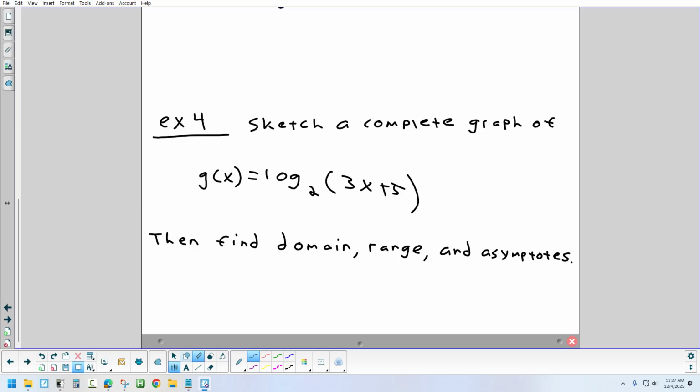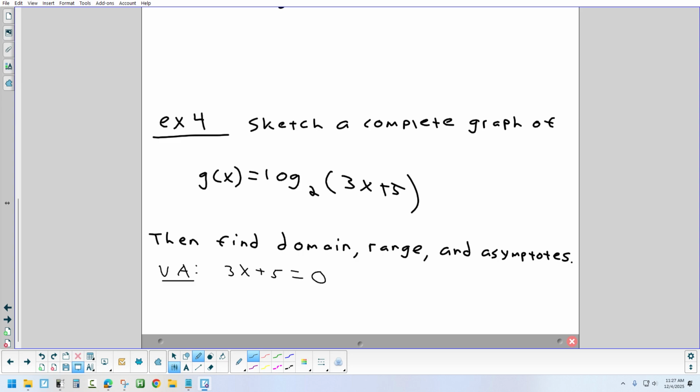Okay, let's start with the vertical asymptote. Can somebody tell me the equation that I'm going to set up and then solve to get the vertical asymptote? Would be 3x plus 5 equals 0.